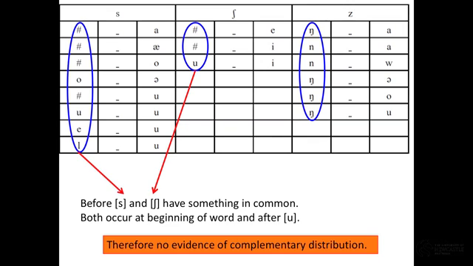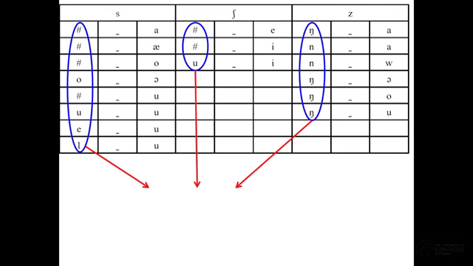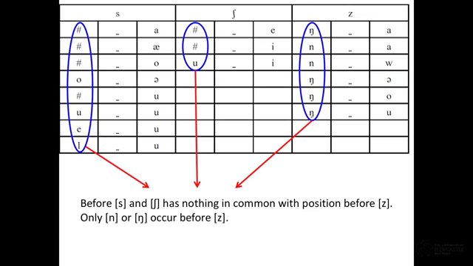When we compare z with s and sh, we see that z has nothing in common with s or sh. Only n or ng can occur before z, whereas n or ng do not occur before s or sh. This gives us evidence that z is in complementary distribution with s and sh.